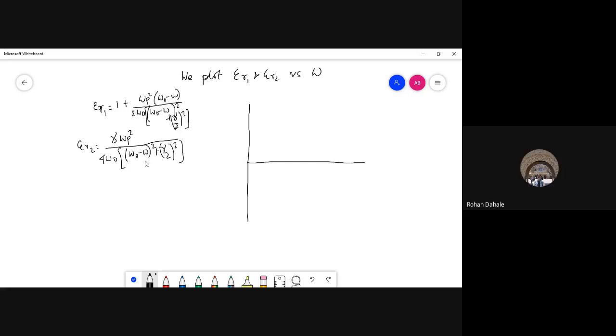Omega p square upon gamma omega naught. No, so this is 0. Hey Vishwajit, are you sure this is omega? This is omega naught. So omega equal to 0 gives omega 0 plus gamma square. So this is very complicated. Anyway, let us just do this.